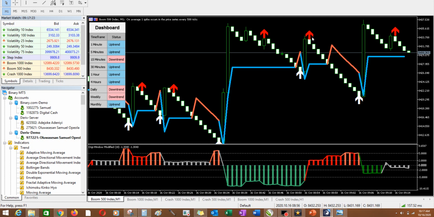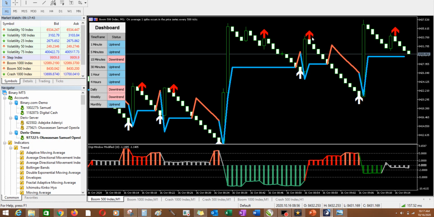The exit arrow, based on the way it is coded, is meant to come out before a spike happens, but this does not happen all the time.